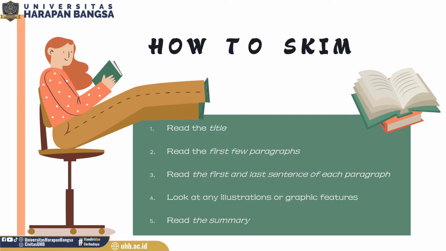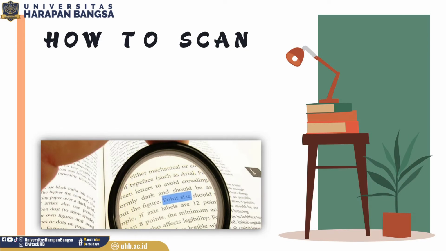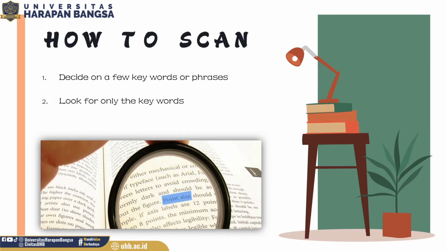Now let's move to how to scan. First, decide on a few keywords or phrases. Well, you can choose keywords for the important ideas. Next, look for only the keywords.